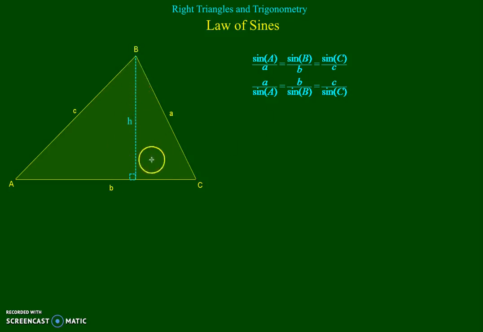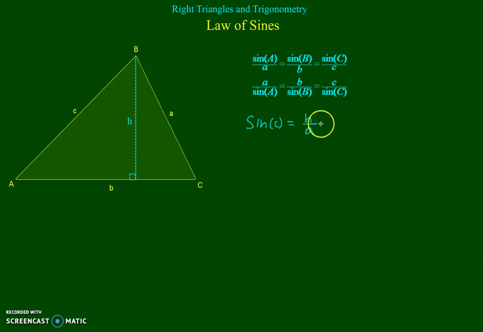Now with this altitude, we can establish a relationship between this angle, this side, and this side. So let's start with angle C, and we can say that this side relates to this side and this angle by SOH CAH TOA. Sine of angle C equals opposite over hypotenuse.